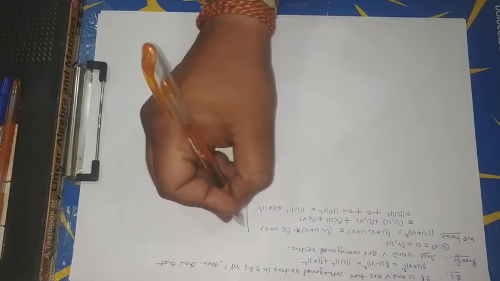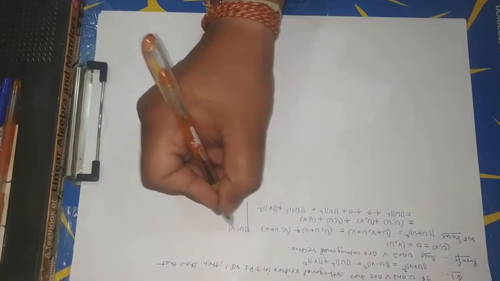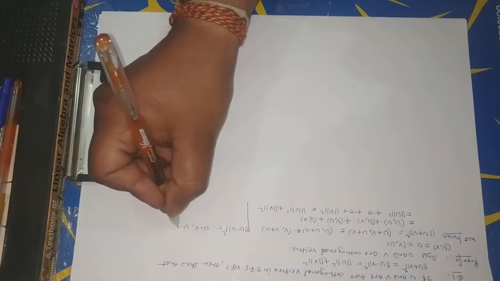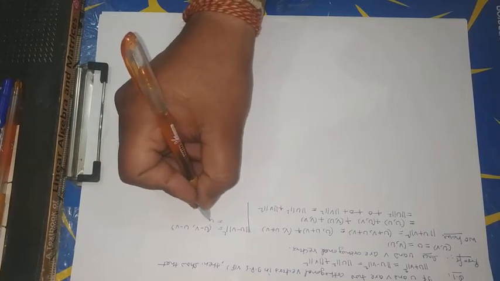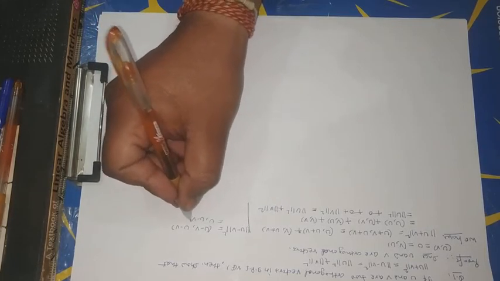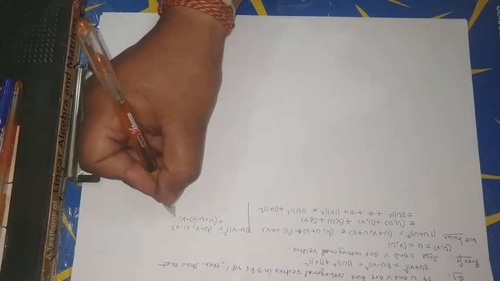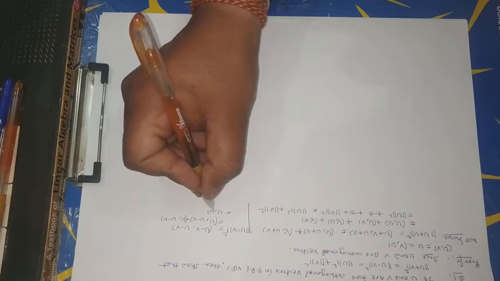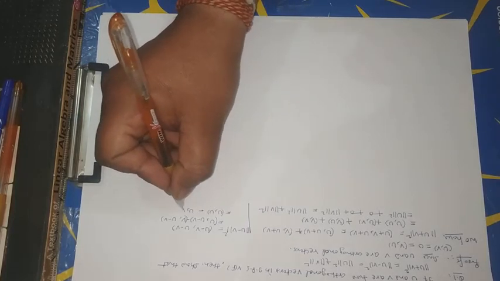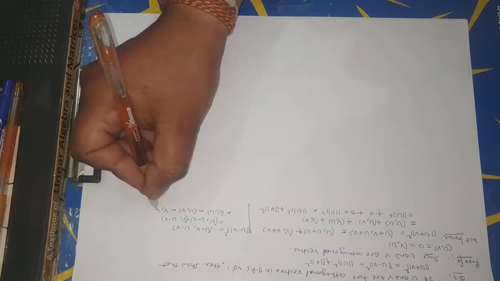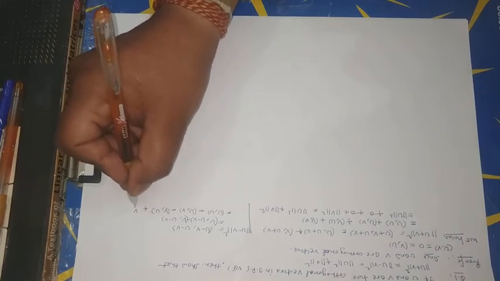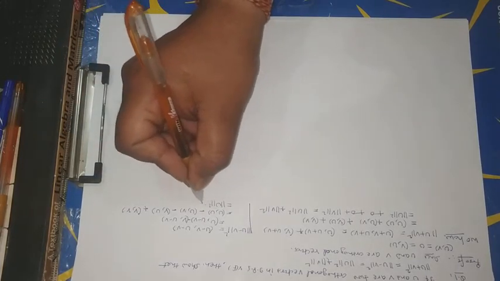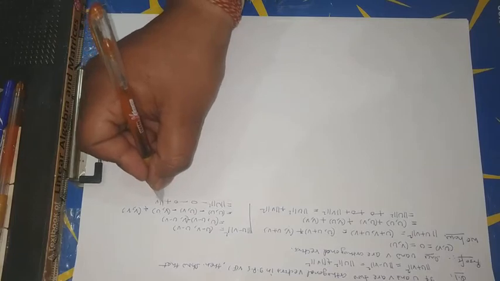Similarly, we take the norm of u minus v squared. This is equal to the inner product of u minus v with u minus v. This is equal to u inner product with u minus v plus minus v inner product with u minus v. This is equal to u inner product with u minus u inner product with v minus v inner product with u plus v inner product with v. This is equal to the norm of u squared minus 0 plus the norm of v squared.